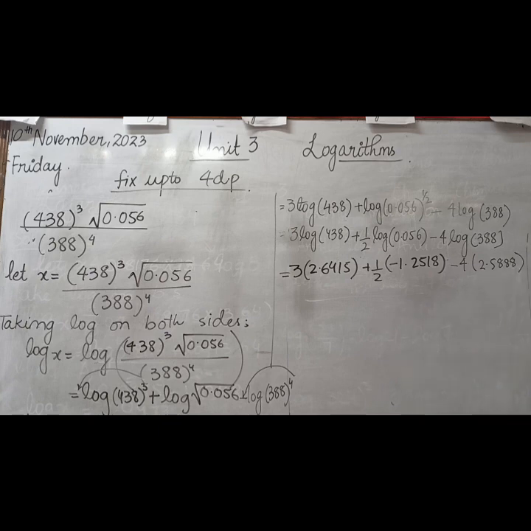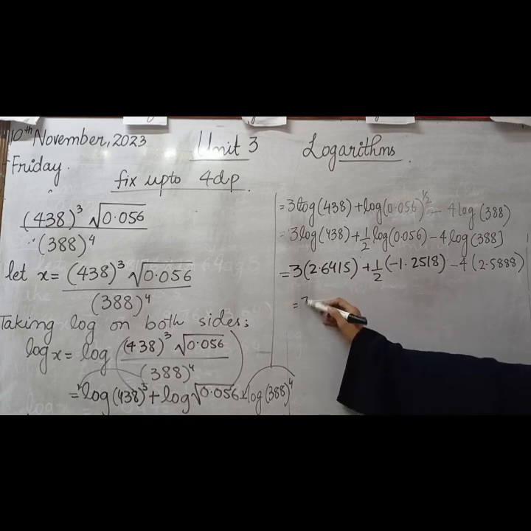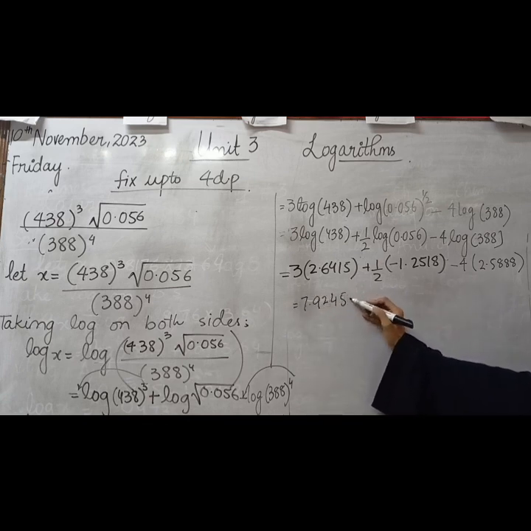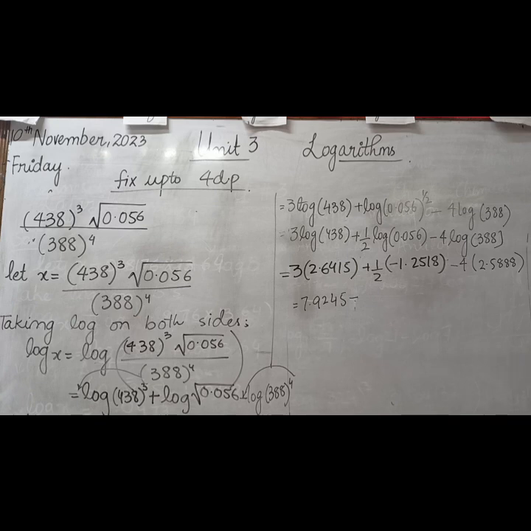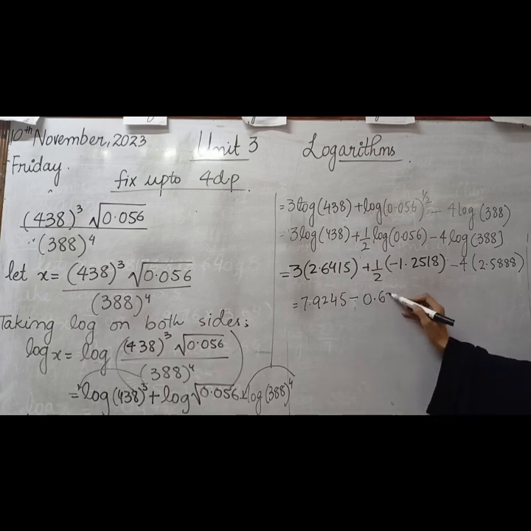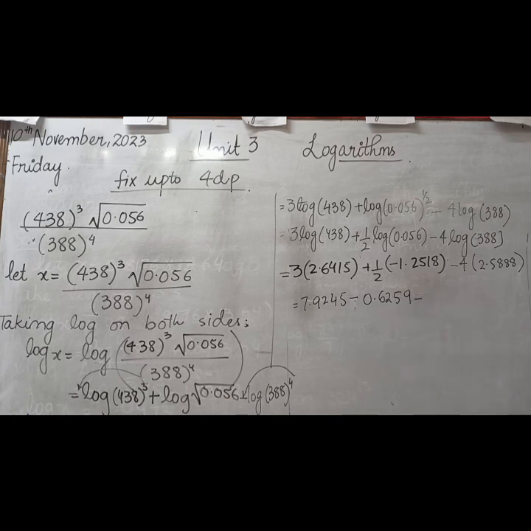Now simplify it further. You multiply 3 with 2.6415 and this will be equal to 7.9245 plus minus 1.2518 will be divided by 2 and we will get the answer 0.6259 minus 4 times 2.5888 and this is equal to 10.3552.